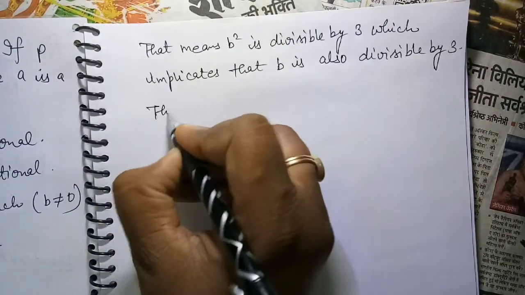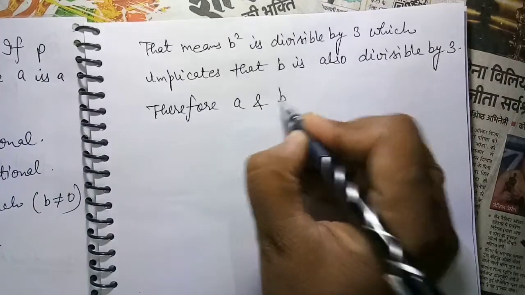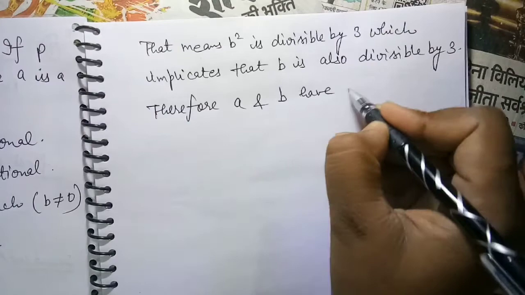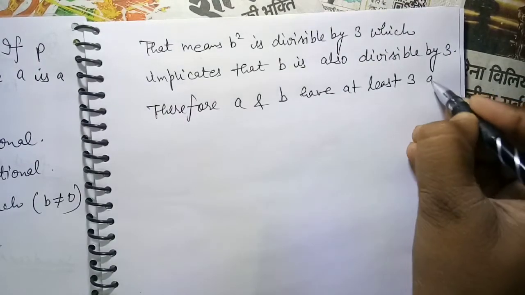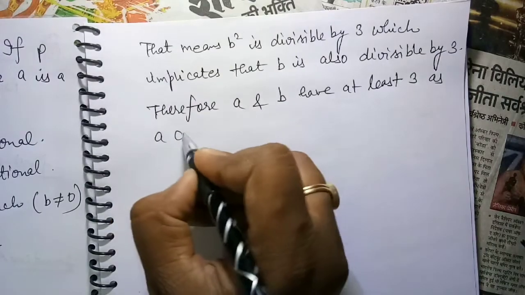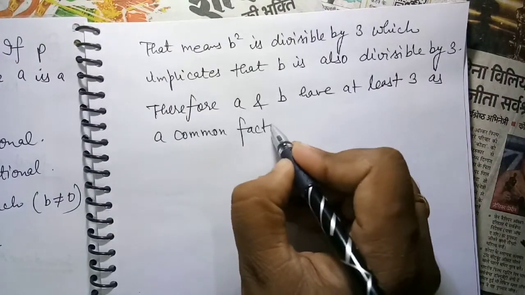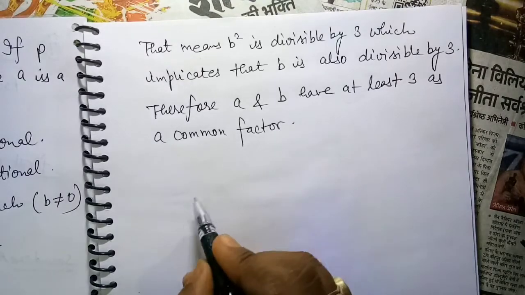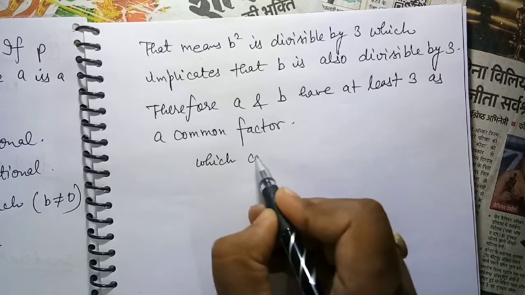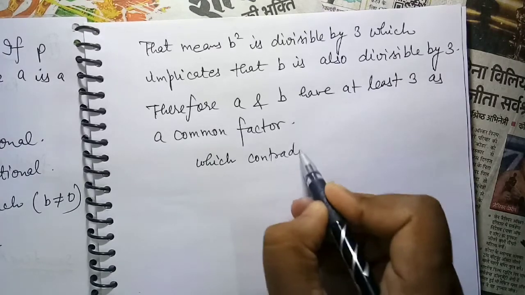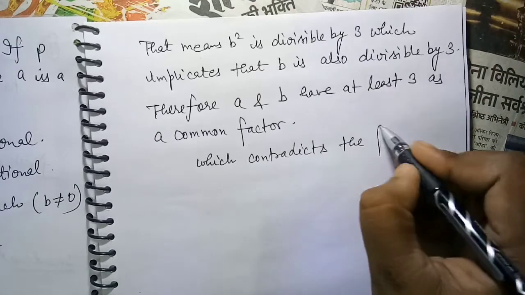Therefore, a and b have at least 3 as a common factor, which contradicts the fact.